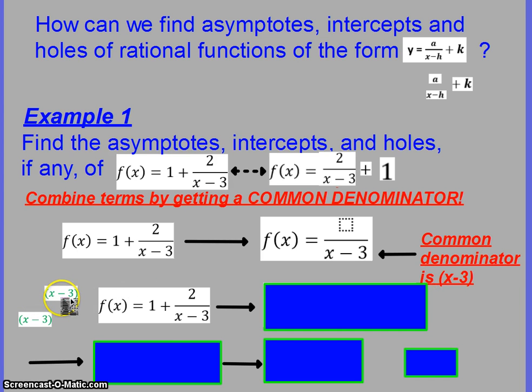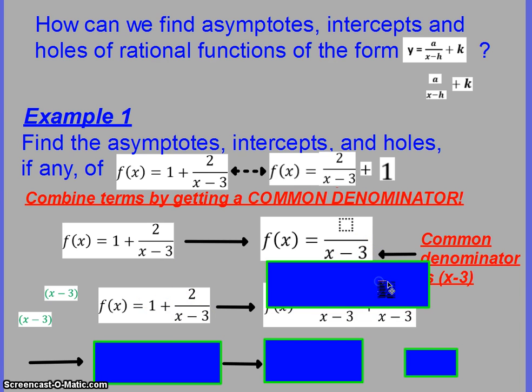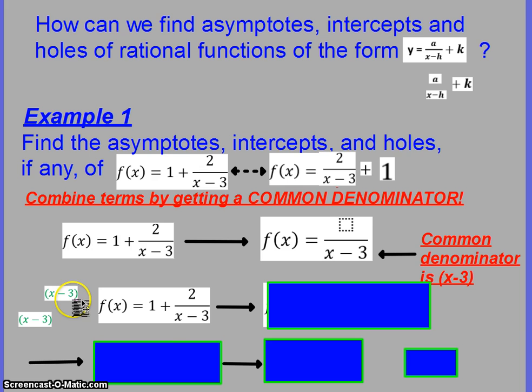It's x minus 3. That's going to go in the denominator. We're going to write that in the denominator, and then you're going to multiply each term by the desired denominator. So I'm going to multiply 1 by the denominator of x minus 3 and 2 over x minus 3 by the denominator of 3.